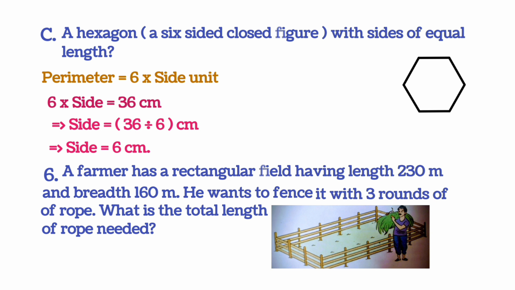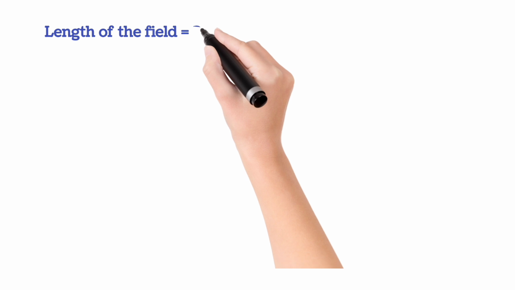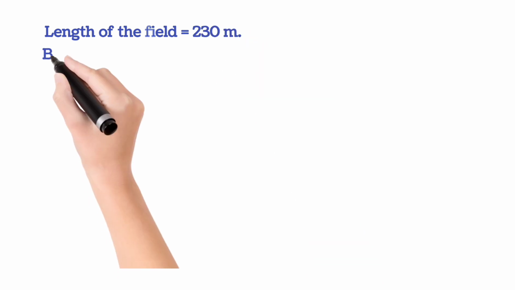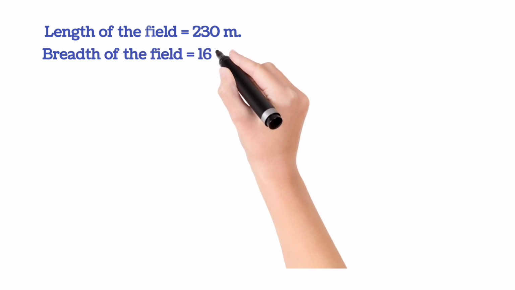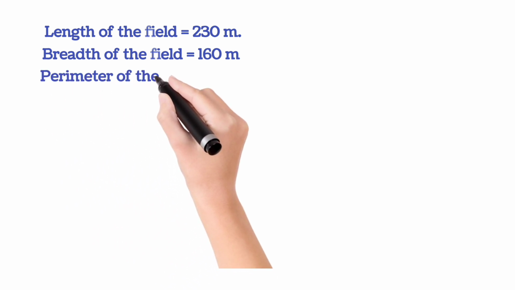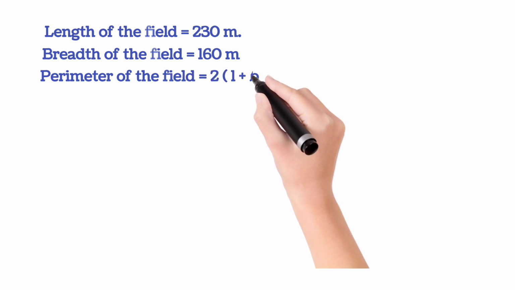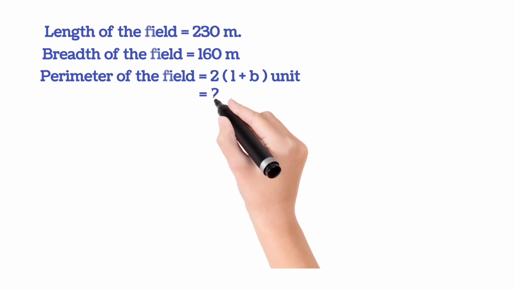For finding this, first we will find out the perimeter of the rectangular field. So first write the length of the field, equals 230 meter. Next write the breadth of this rectangular field, that is also given, 160 meter. Now easily find the perimeter of the field. The formula you also know: 2 into (L plus B). Don't forget to write the correct formula first.